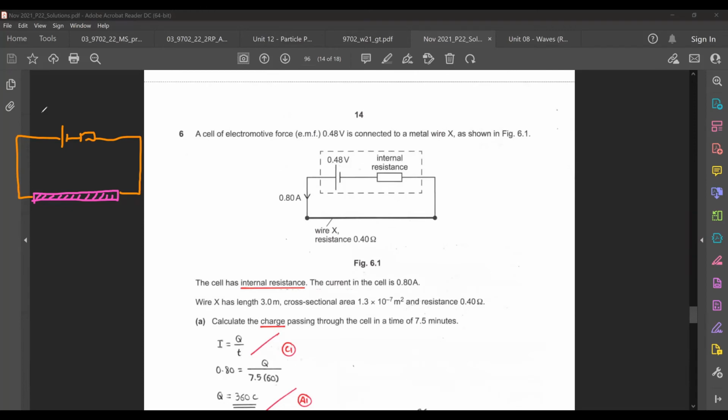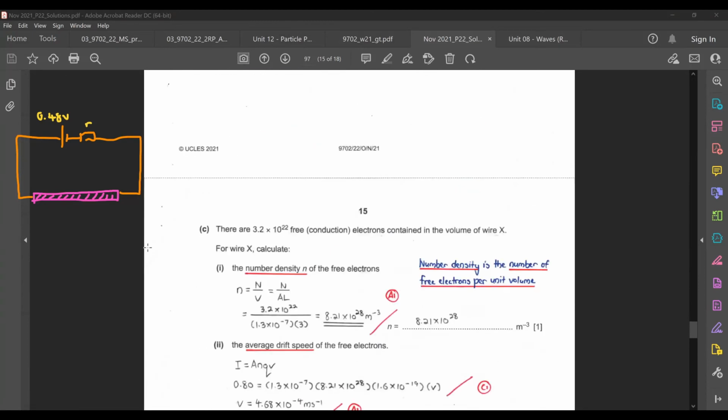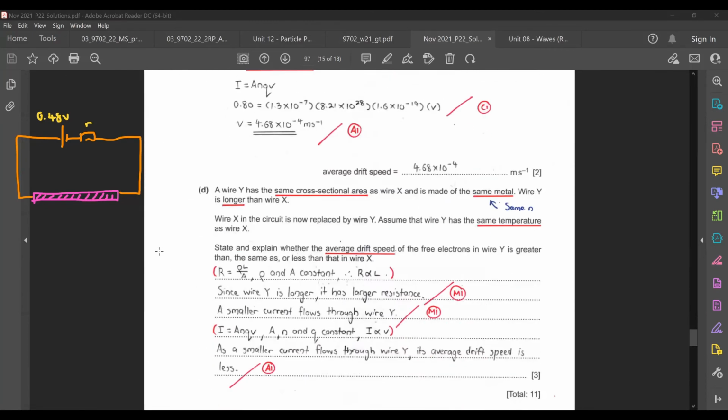This one is internal resistance r. Right now they want you to find out whether the drift speed of free electrons in the new wire is going to be greater. Originally this one was wire X, but then we changed to wire Y. So what's going to happen to the drift speed?